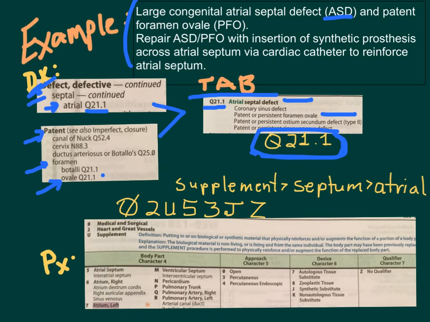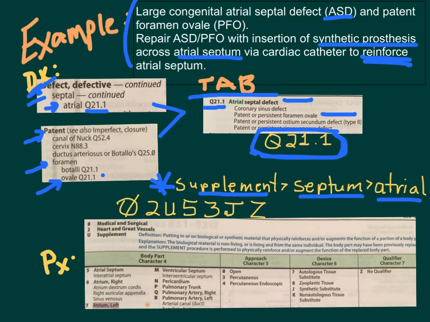So the same concept comes into play here. The repair is being performed with the use of a synthetic prosthesis to reinforce or to supplement the body part, the atrial septum.